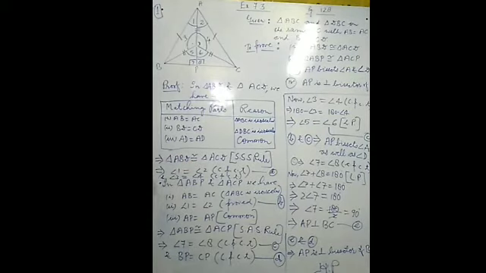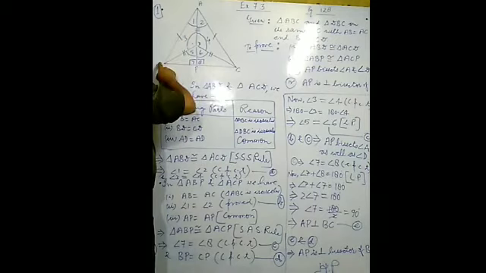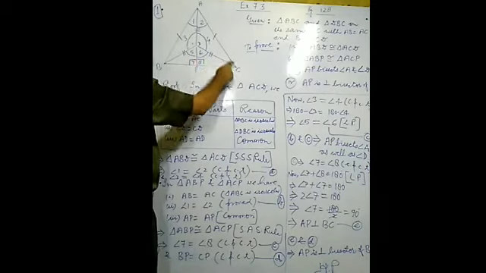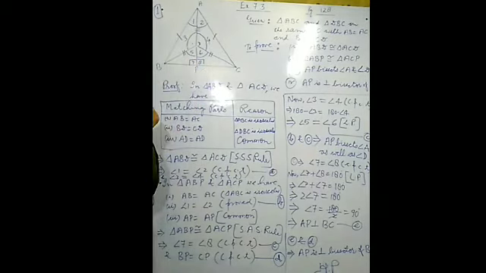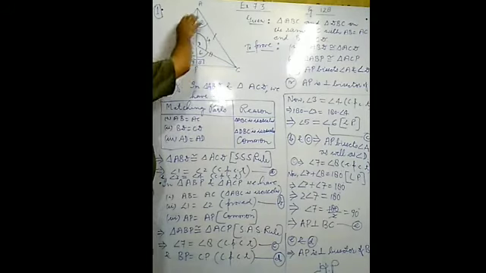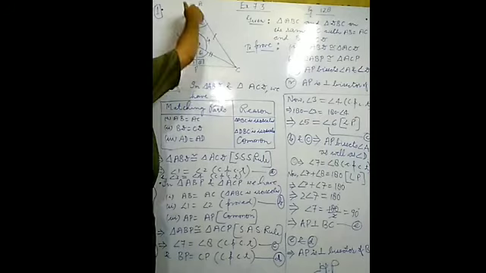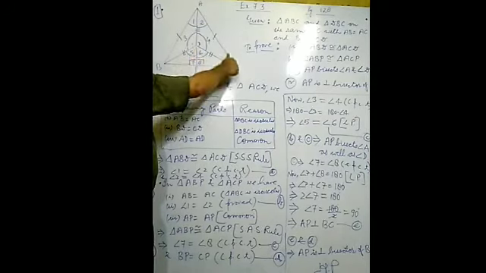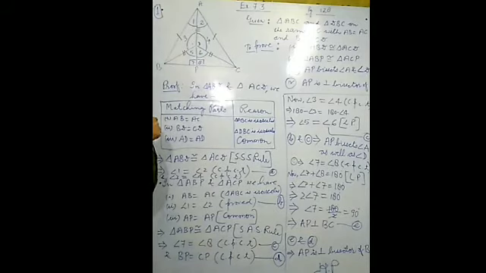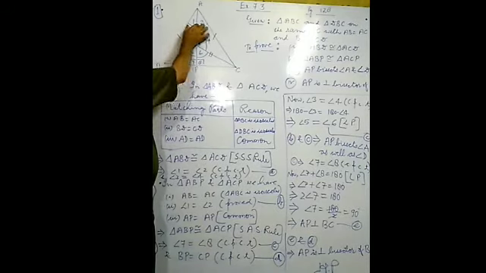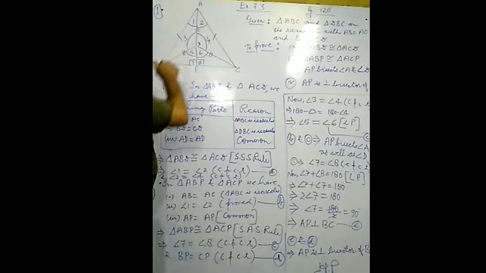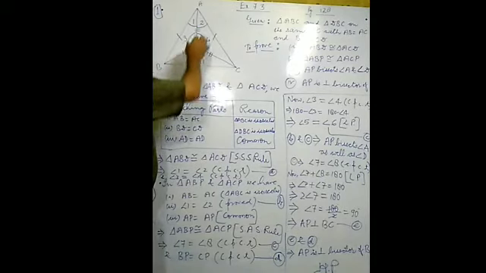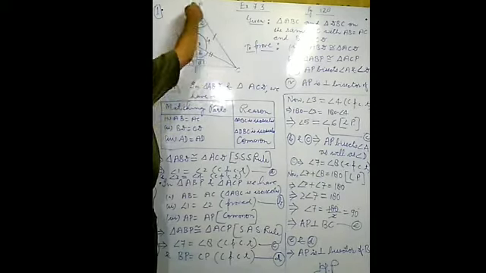Now mark here, we have to take triangle ABP and triangle ACP. Now see, AB of this left hand triangle equals AC of this right hand triangle. Again, angle 1 of this left hand triangle equals angle 2 of this right hand triangle.